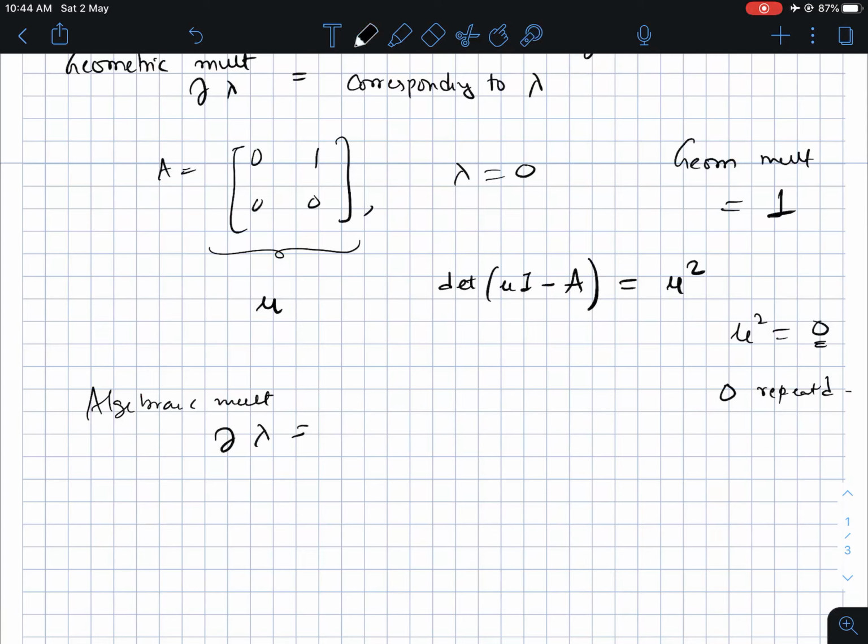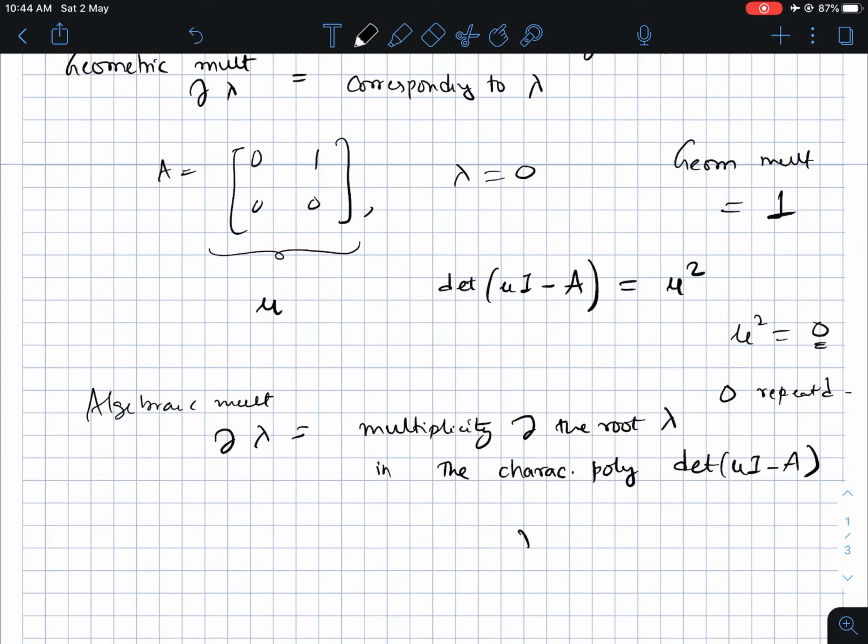The algebraic multiplicity of lambda is the multiplicity of the root lambda in the characteristic polynomial det of mu I minus A. Recall that any polynomial can be written as mu minus lambda 1 to the k1, mu minus lambda 2 to the k2, mu minus lambda 3 to the k3, and so on.